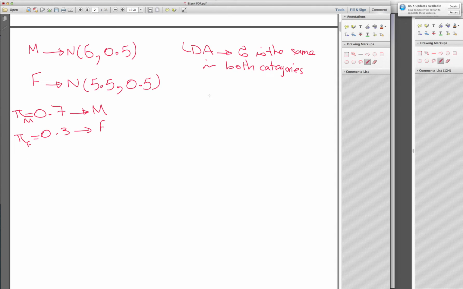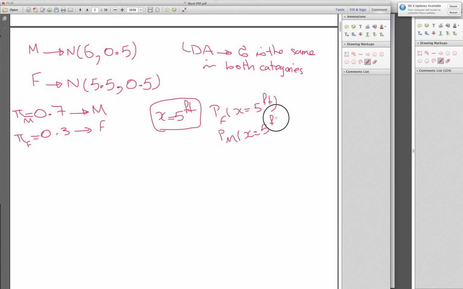And now let's say you know that somebody's height is 5 feet. So we want to see what is the probability that this person is female, or what is the probability that this person is male given the height of 5 feet.